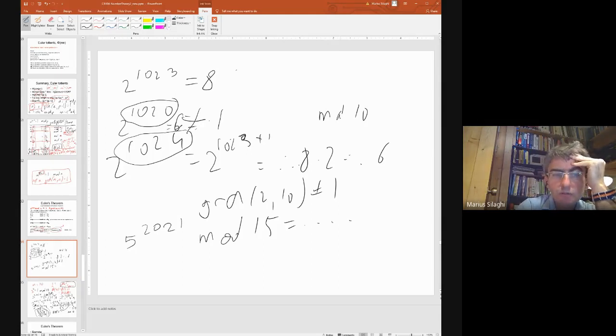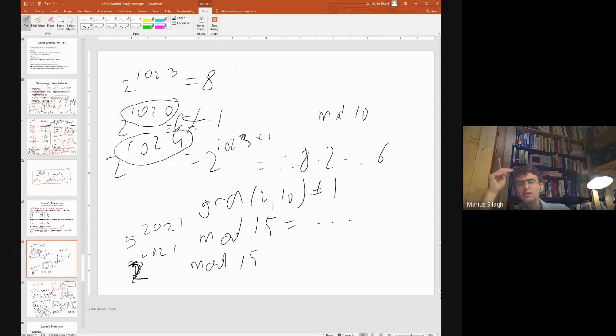You also cannot use Euler's theorem for 3 to the power 2021 mod 15, because 3 is also not relatively prime to 15. But you can use it for 2 to the power 2021 mod 15. That's something you can compute now, because 2 is relatively prime to 15. So how much is this one?